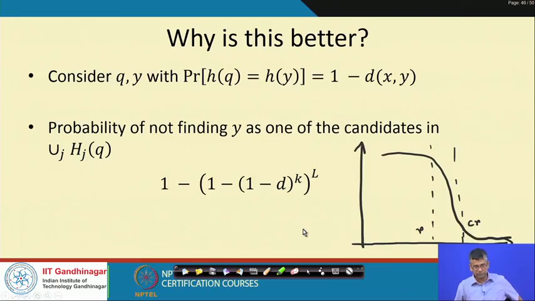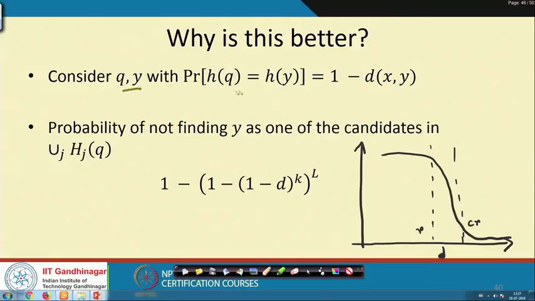So, why is this good? This is the intuition. Suppose you are trying to write down the probability, for given q and any y, that h(q) equals h(y). We know that for the basic hash function this probability depends on the distance between q and y, it is 1 minus the distance between q and y.